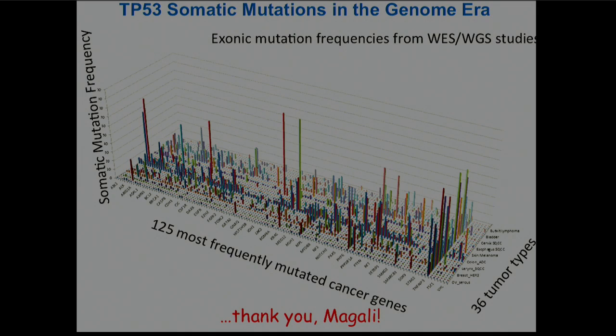If you then start to add up other ways to defeat or modulate down the function of p53 in tumor cells, it can go up to about 70% of tumors that you could characterize as having compromised p53 function. Now, there is a lot of variation in this.